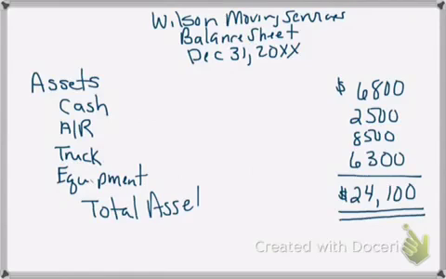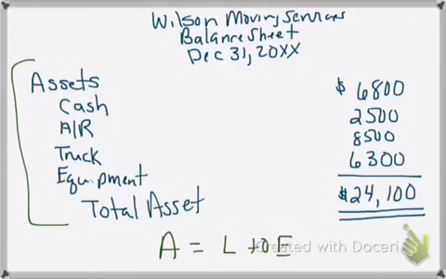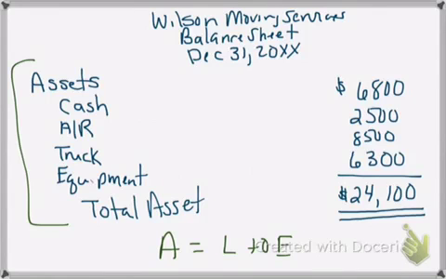The thing that I want you to remember is that when we are looking at this particular statement, it follows the basic accounting equation, which is assets equal liabilities plus owner's equity. So we have just done the asset section, and then we're going to come over now and do the liabilities and owner's equity statement.